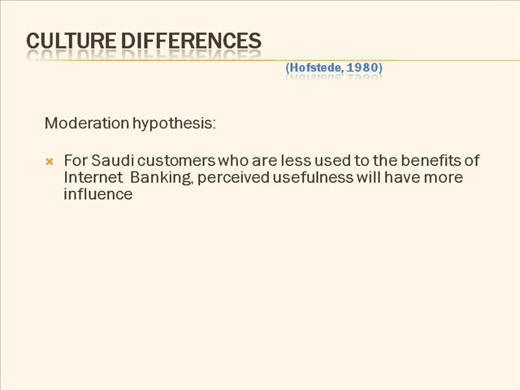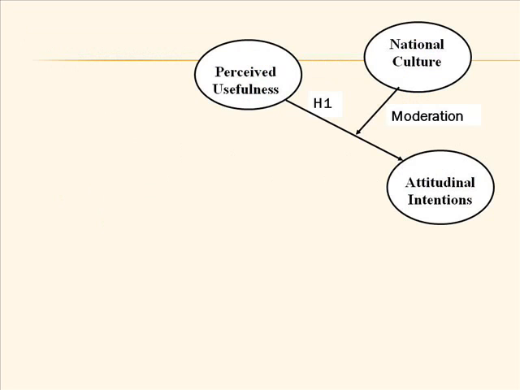But that relationship might be different in different cultures. That's our moderation hypothesis. For Saudi customers, they're less used to obtaining benefits from internet banking. So we hypothesize that perceived usefulness would have more influence for Saudi customers than, say, for UK customers. And this is how that's shown in the model.